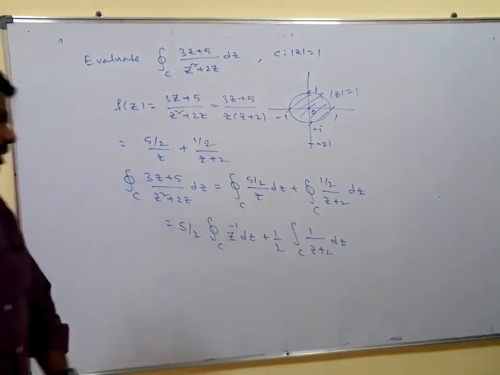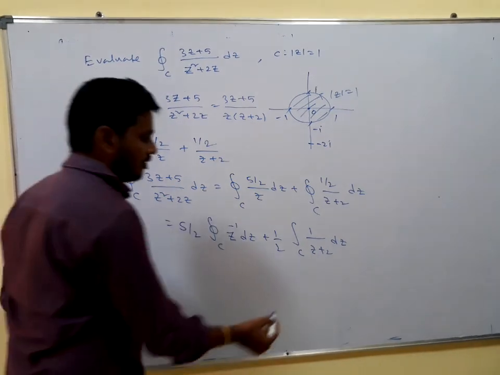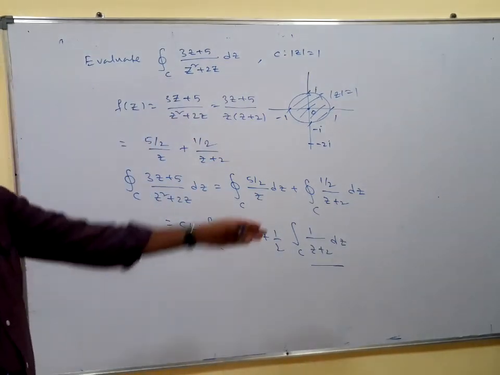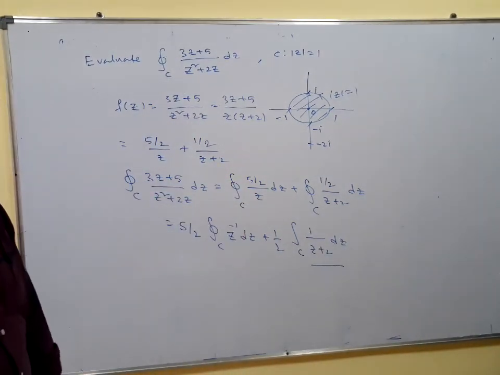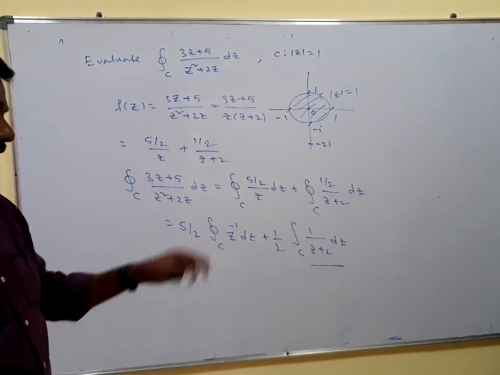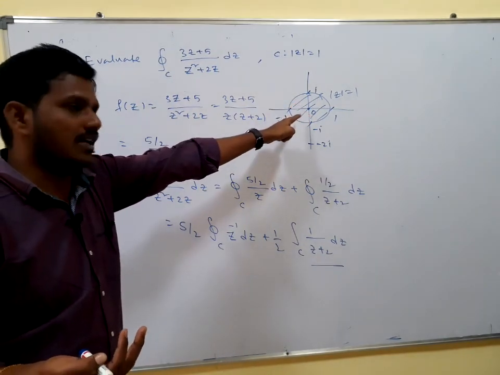See, here if you take f of z equals 1 by (z plus 2), it is not analytic at z equals minus 2, but it is analytic inside the simple closed, that is simply connected, domain.